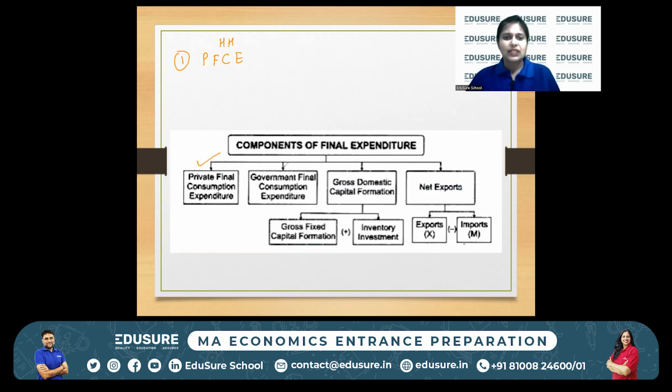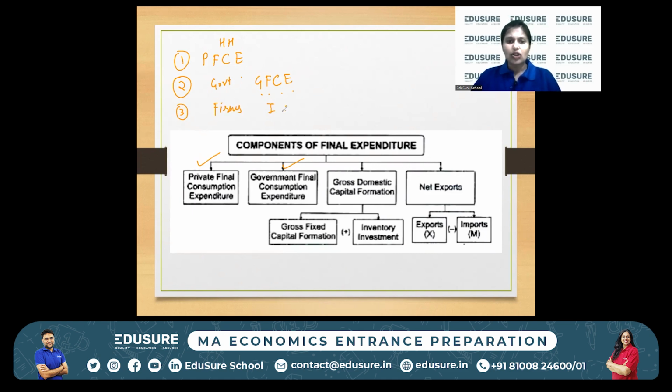Okay. The second is the expenditure of the government. So instead of government, what do we write? Government final consumption expenditure. That's the second component. The third component is investment, which is basically done by firms. Okay, investment.